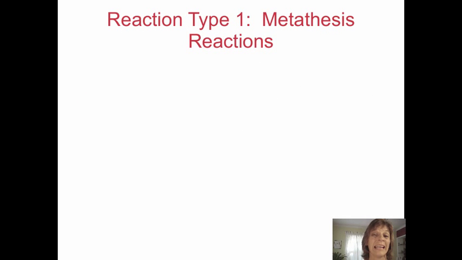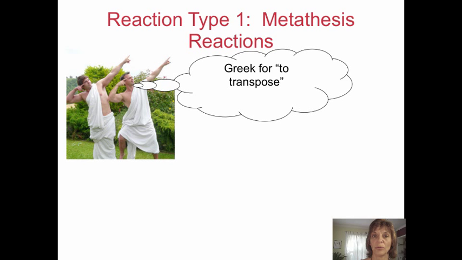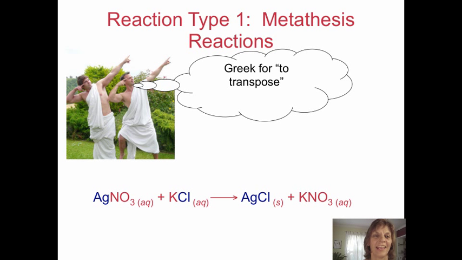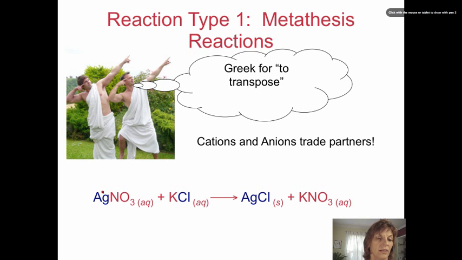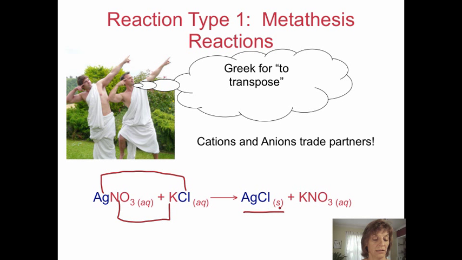All right, today we're going to talk about one reaction type, metathesis, which in Greek means to transpose. In a metathesis reaction, double replacement, the cations and the anions trade partners. Silver will now be allowed to bump into chloride, and potassium will bump into nitrate, and sometimes they stick.